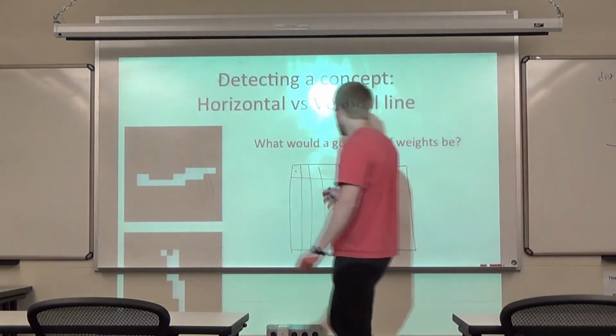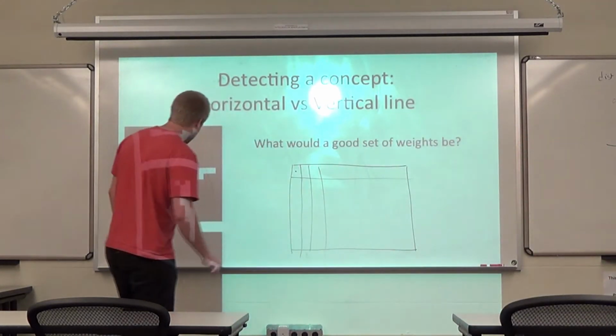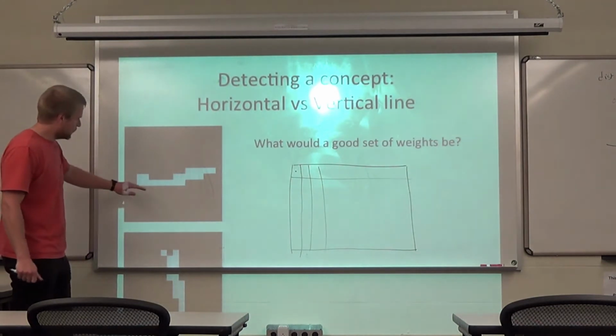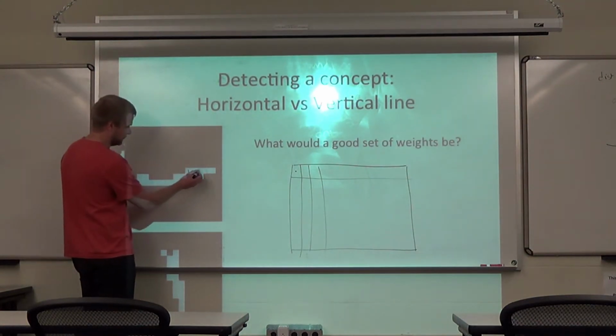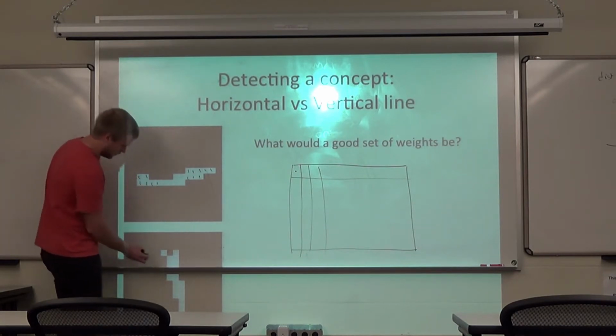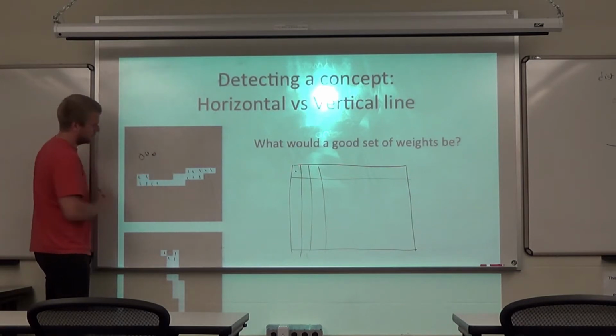Okay, so each one of these is a 1. These are 1s here too, and then 0 is where the black is.